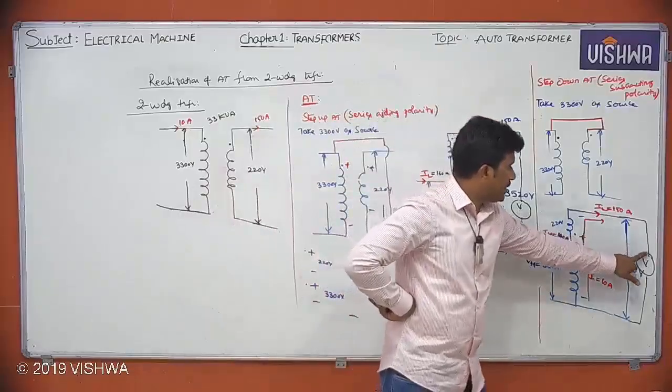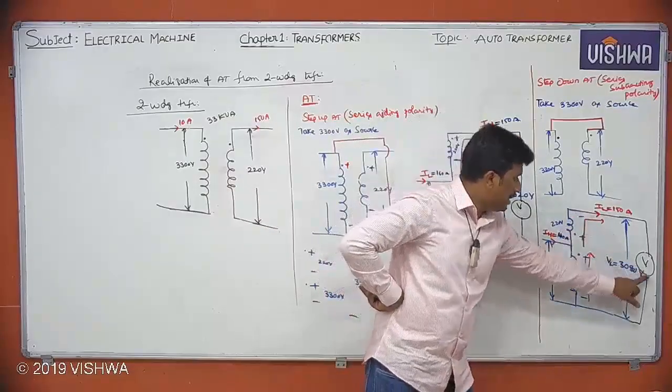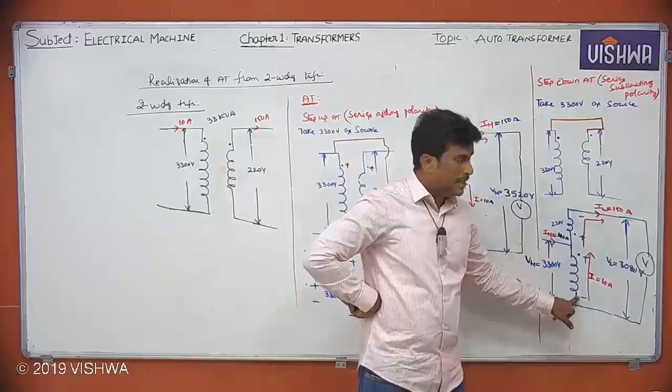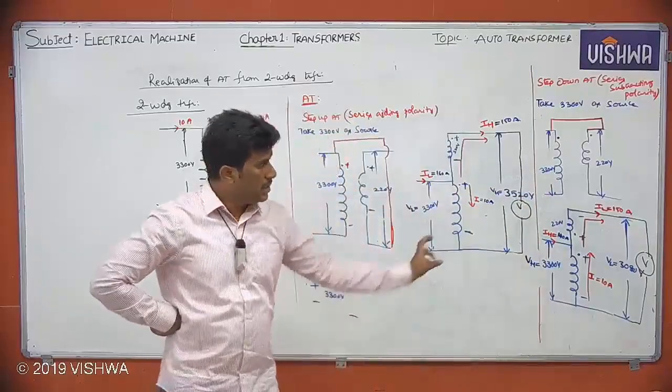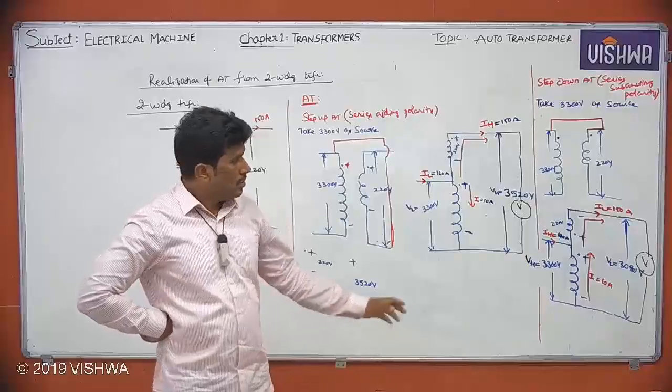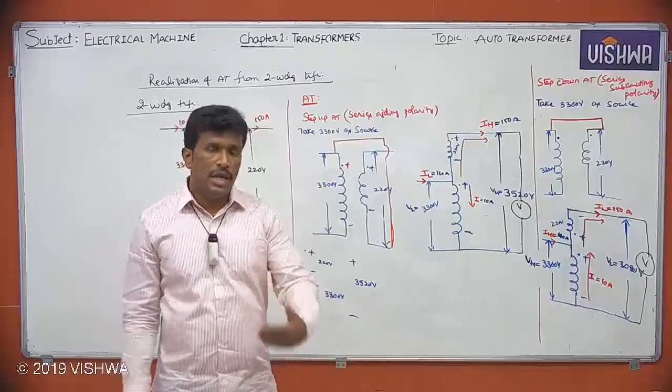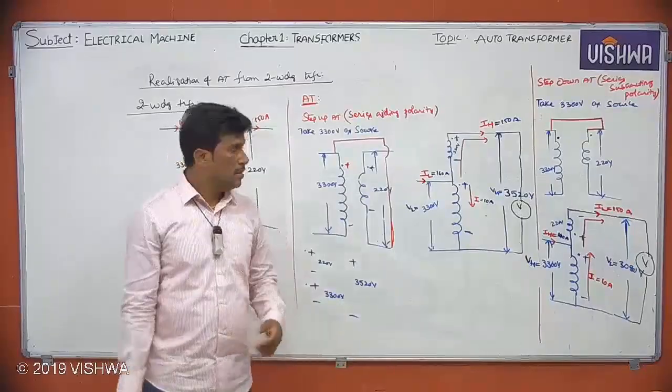If one terminal is connected to non-dotted and the other terminal is also connected to non-dotted, that can be used as a step down auto transformer. That is also an important observation. In addition to these points, I'll give some more points in the next session. First of all, note this.